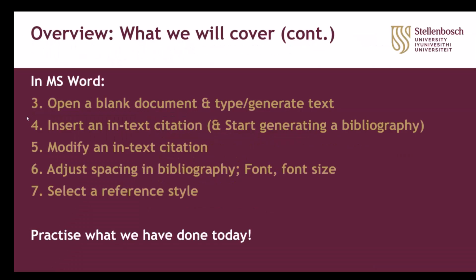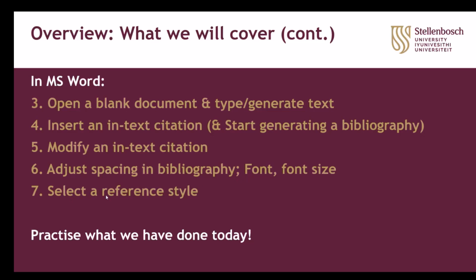What I thought we would cover was opening a blank Word document, and we generate some text. We will insert an in-text citation and start generating our bibliography or reference list. We will then modify an in-text citation. Then we'll move on and adjust the spacing in the bibliography. We'll also look at the font and the font size and see where we can change that.